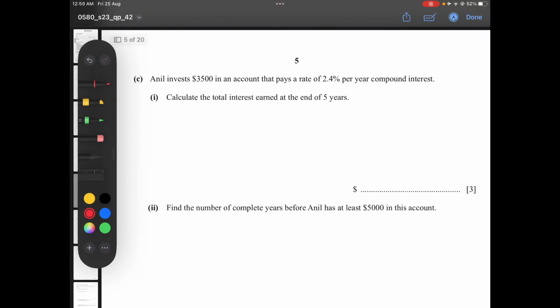Anil invests 3,500 into an account that pays a rate of 2.4% per year compound interest. Calculate the total interest earned at the end of 5 years. So a simple formula: 3,500 times (1 plus 2.4 over 100) to the power of 5.